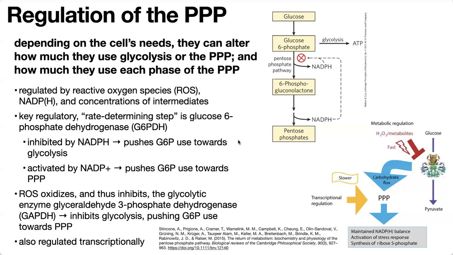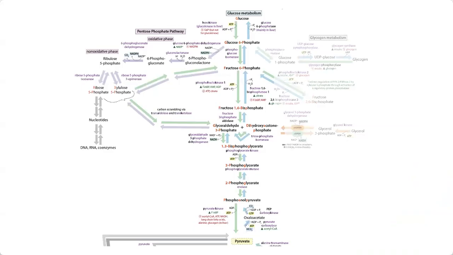So now let's talk about regulation. When it comes to regulating the pathway, you're going to want to regulate it based on what you need. Do you need NADPH or do you need ribonucleotides? If you need NADPH but you don't need ribonucleotides, then basically you can just run the oxidative phase and take the ribulose 5-phosphate and convert those 5 carbons into 6 carbons, combining them to give you products that you can then take back through the pathway.